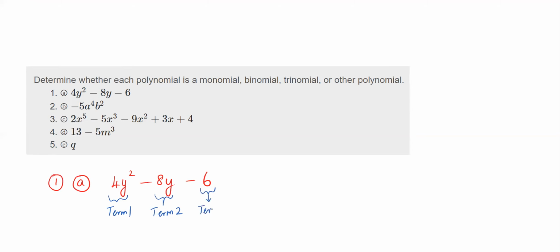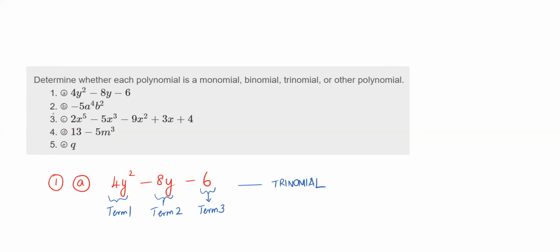We have a term 3. Okay. A term is a mix of numbers and letters. But you can have standalone numbers or standalone letters, so that's still a term, right? So we have three terms here. So if there are three terms, what's the name for it? It's called a trinomial. Okay, that's the way you're going to identify each one of them.